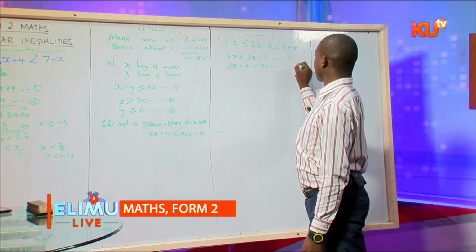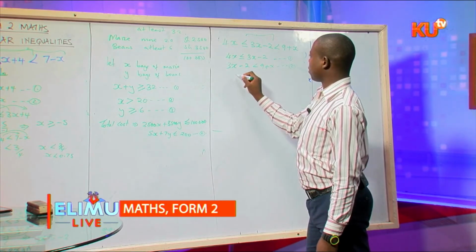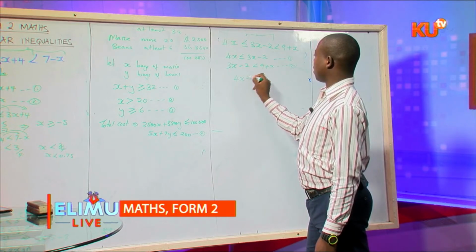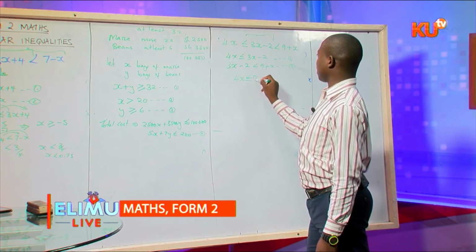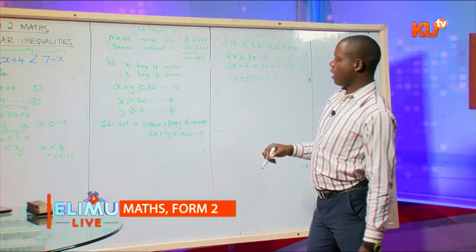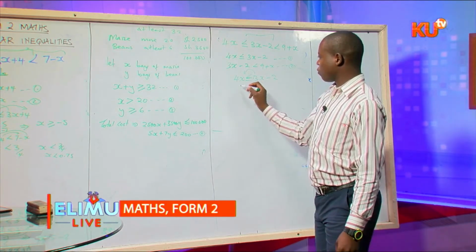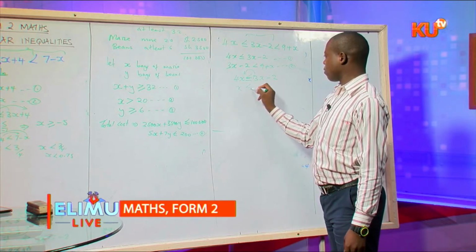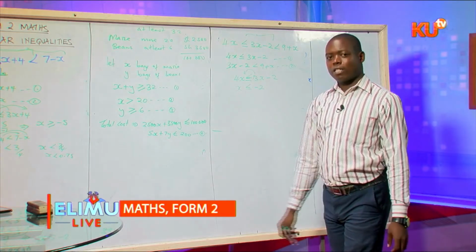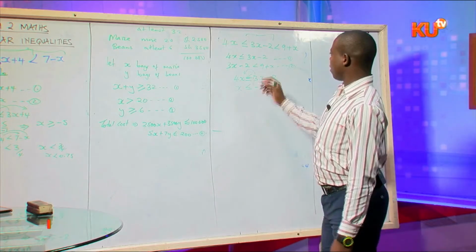This becomes our 1, this becomes our 2. So we'll have 4x less or equal to 3x minus 2. We collect like terms. To this side becomes minus. So x less than or equal to negative 2 as our first solution.